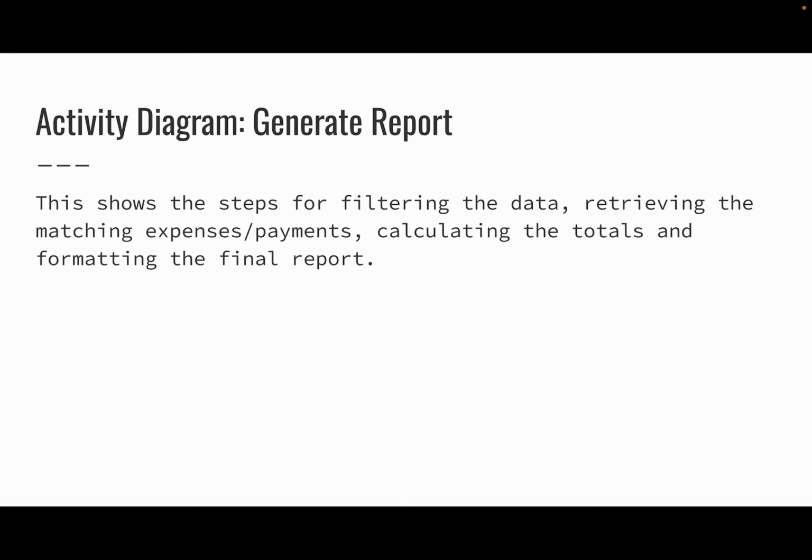From there, the system retrieves the matching expenses and payments. It calculates the totals and formats the report. Finally, the report would be shown to the user, so that would be the last step. This would just highlight how the financial summaries are made. So it would take a look at the process that leads to it.